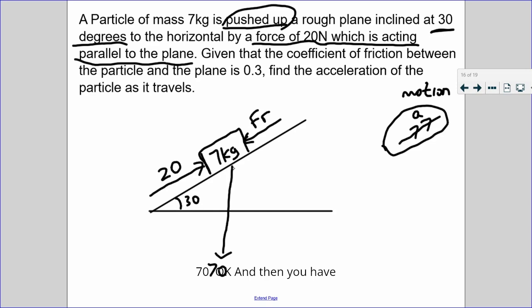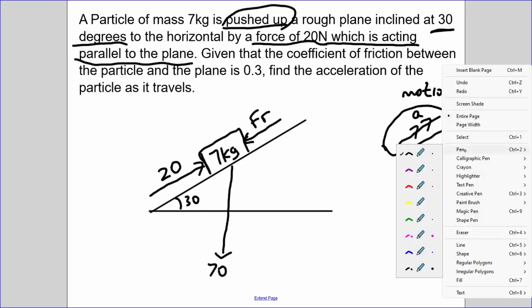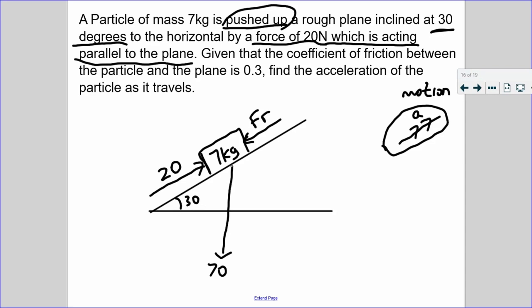And then you have your two weight components that you always need on the slope. So down, opposite you will have 70 sine 30 and adjacent will be 70 cos 30.